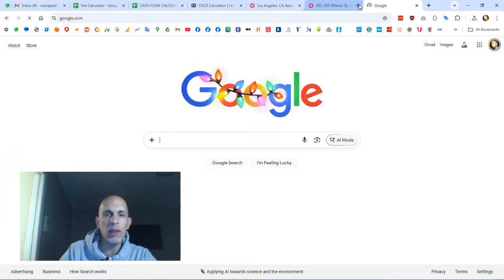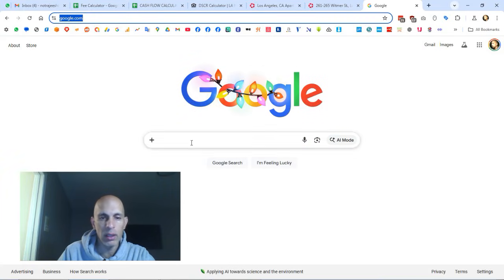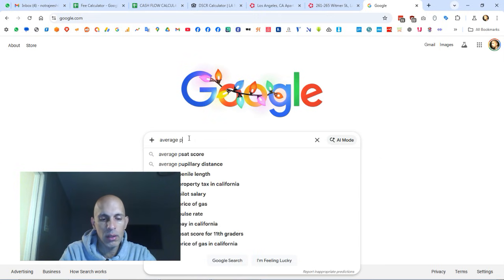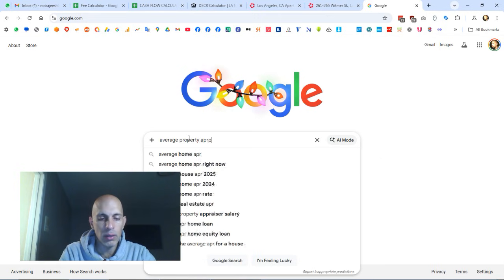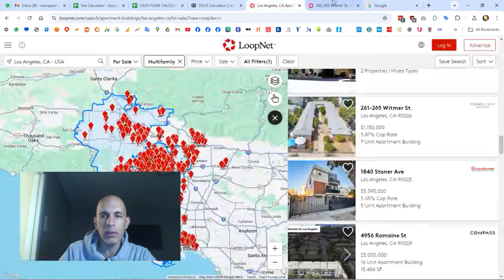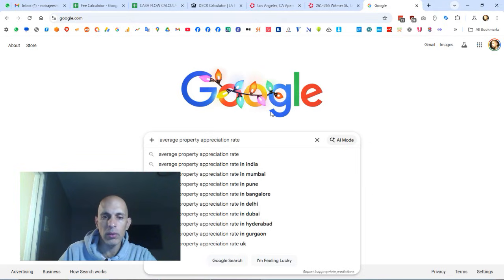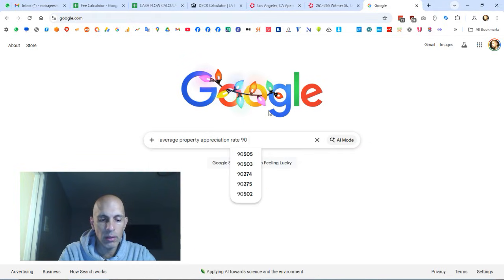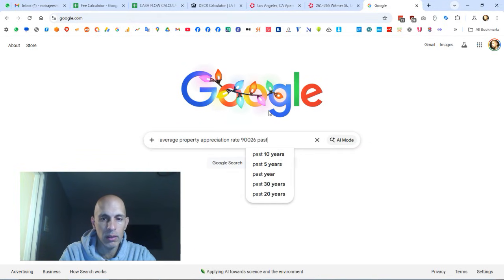average inflation or price appreciation for the area. Average property appreciation rate. And what's the zip code here? 90026, past 30 years.